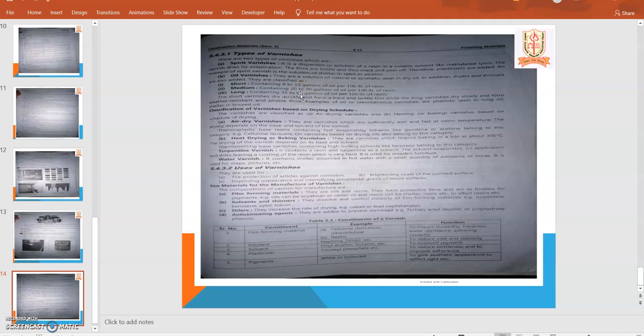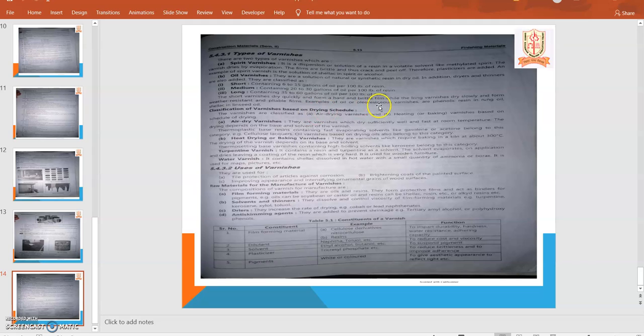Short contains 6 to 15 gallons of oil per 100 lb of resin. Medium contains 20 to 30 gallons of oil per 100 lb of resin. Long contains 35 to 60 gallons of oil per 100 lb of resin. The short varnishes dry quickly and form a hard and brittle film, while the long varnishes dry slowly and form weather resistant and pliable films.